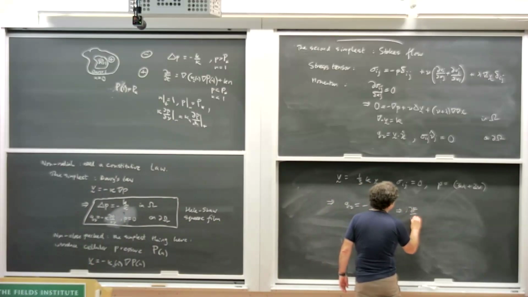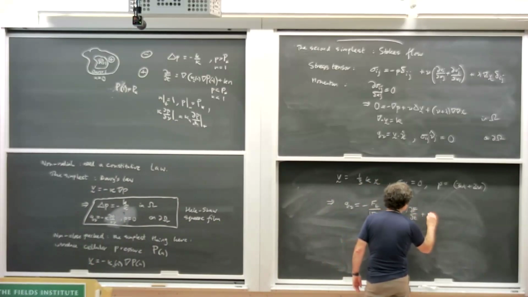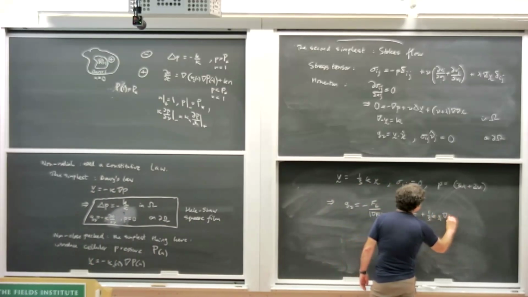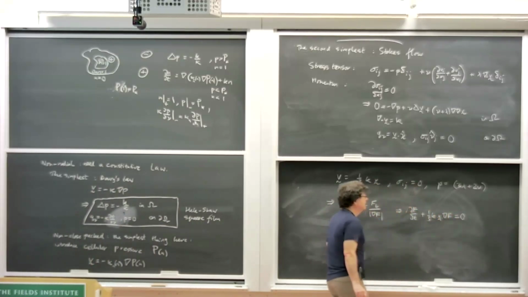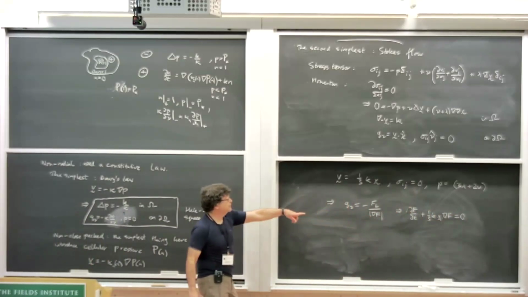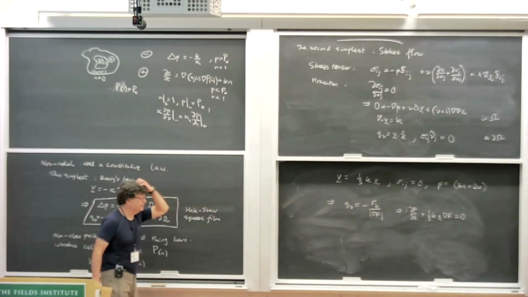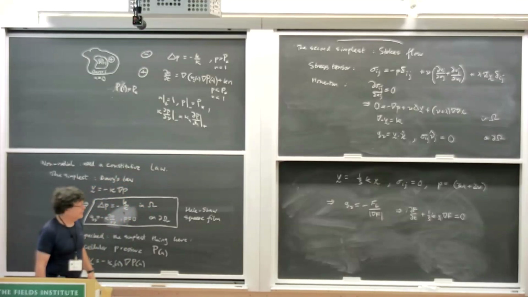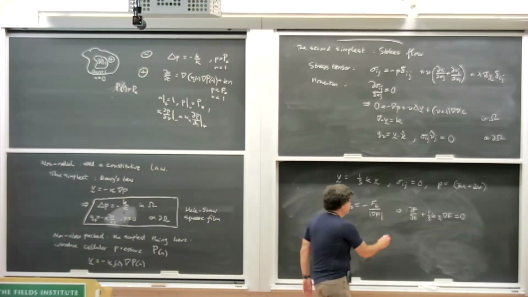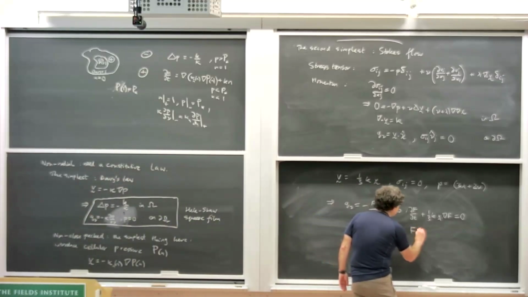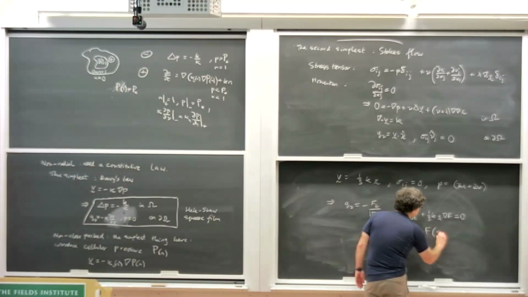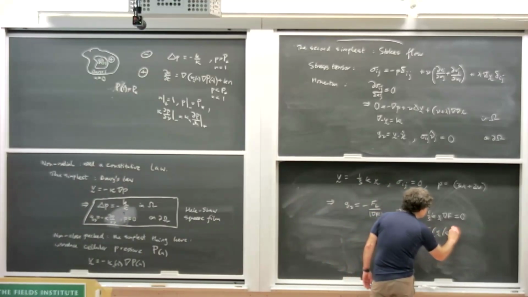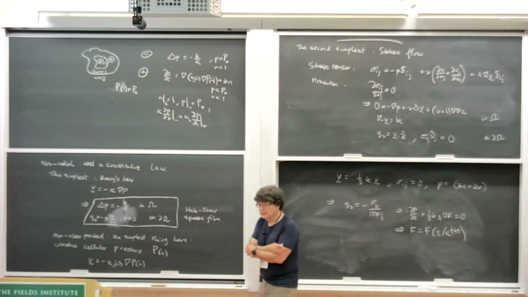So the level sets of F go like a third K x dot grad F is 0. Okay, so the first term is to do with this. The second term is the normal component of the velocity field written in terms of F. Okay, so you get a combination that we've had repeatedly before. The thing grows without changing shape, but grows with this rate, e to the third kt.